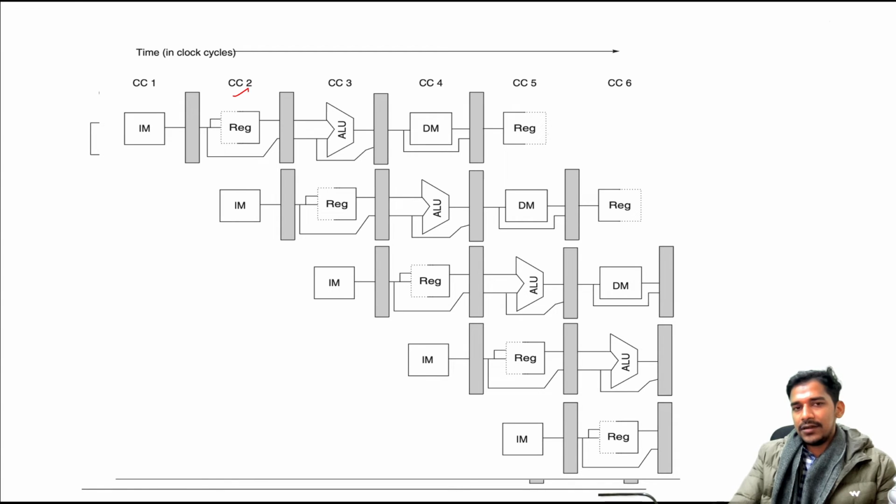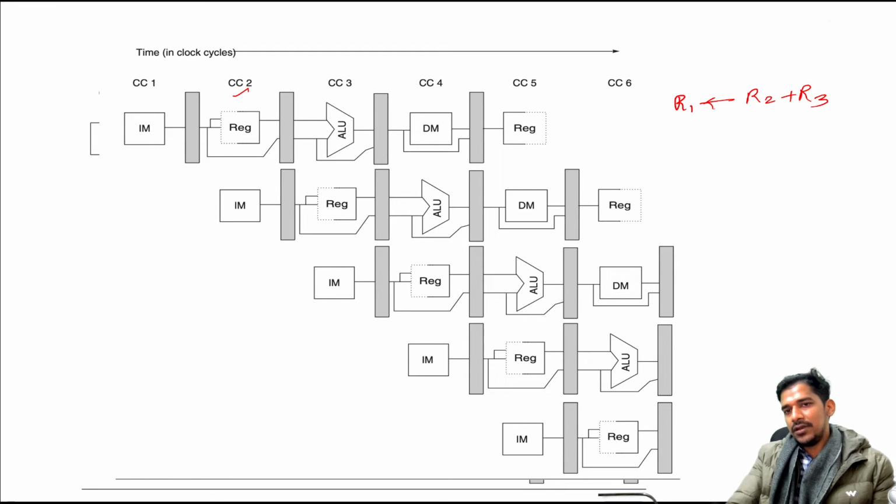And second, you will see that in the case of data forwarding, let us say there are two instructions which are dependent on each other. Let us say we have an instruction something like this, and then there is an instruction, let us say R4 = R1 + R5. You can see that instruction I1 is writing into register R1 and I2 is using this as an input.